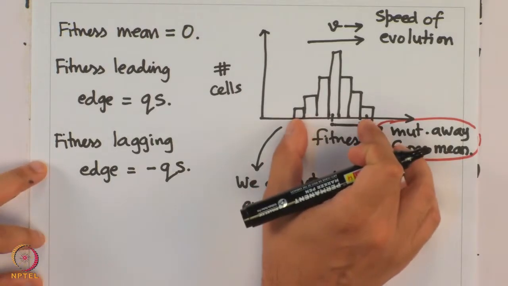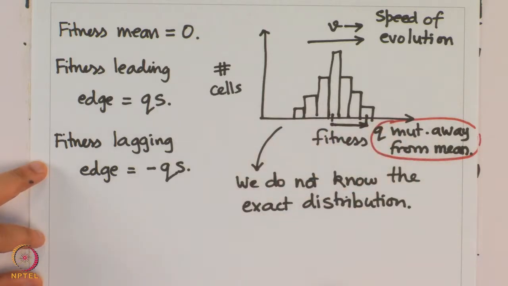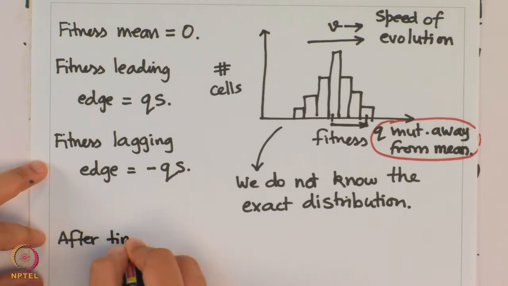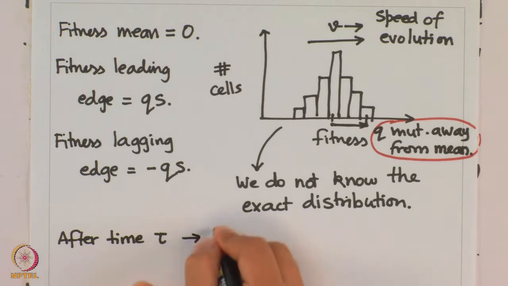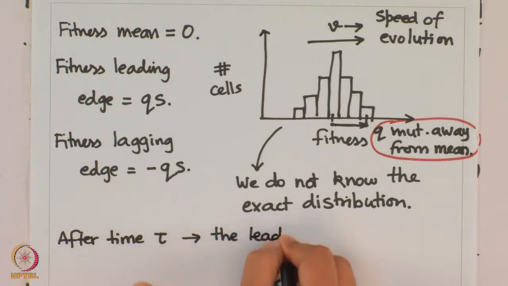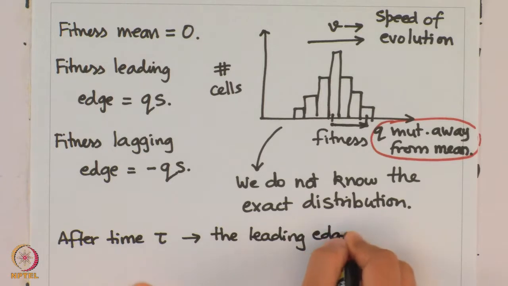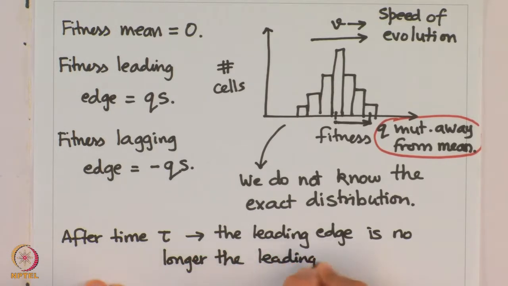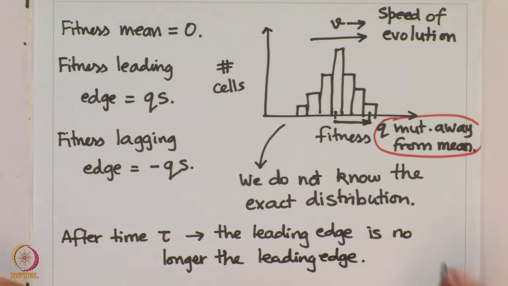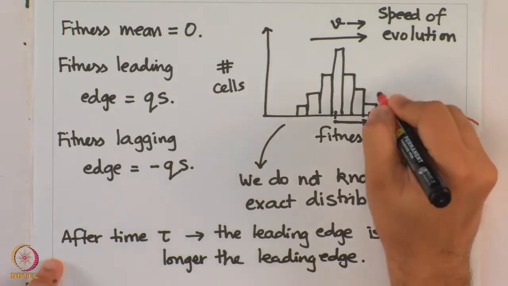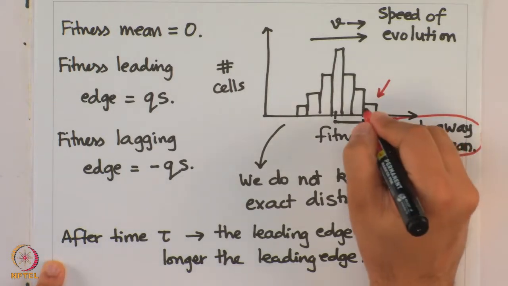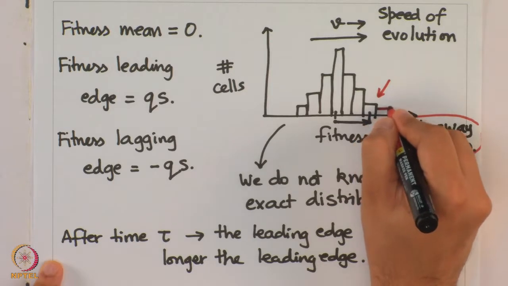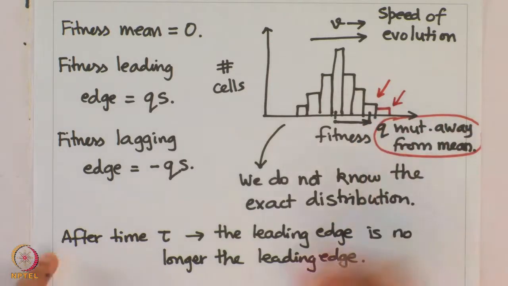Now, this wave is moving towards the right at a constant speed. So, let us say after time tau, the leading edge is no longer the leading edge. Let tau be that time after which this leading edge is no longer the leading edge, and this will happen when another beneficial mutation has become established in the population.